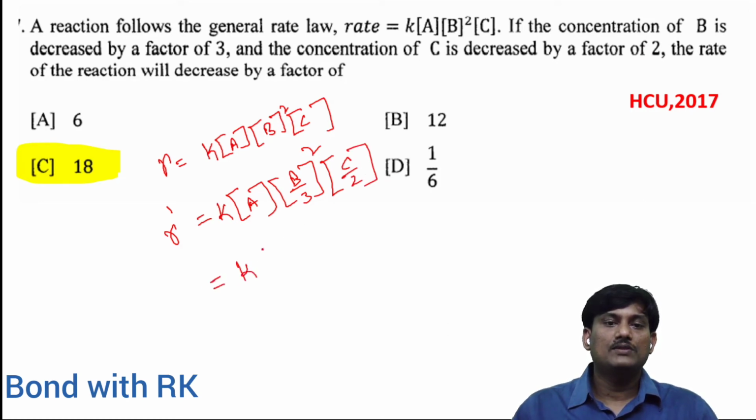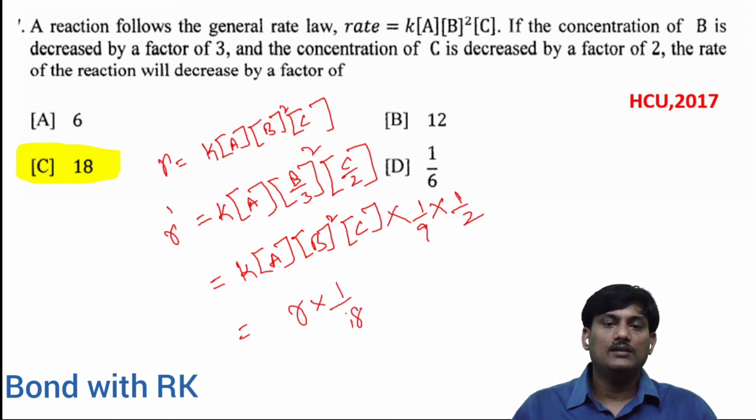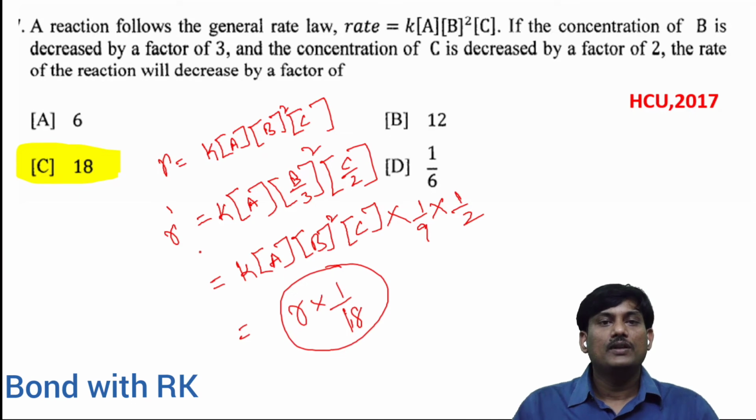So it will be equal to k[A][B]^2[C] into (1/3)^2, it will be 1 by 9 into 1 by 2. So it will be equal to R into 1 by 18. What is the ratio between initial and final? There is a decrease in rate of the reaction by a factor of 18. So C is the correct option.